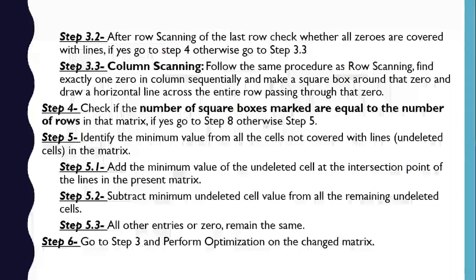In step 5.2, we take that minimum value and subtract it from all the remaining undeleted cells. In step 5.3, we make sure that we do not make any changes to the value 0 and keep it the same. After this, we go to step 6, which is that we have to do the whole procedure again from step 3 onwards, which first deals with optimization of the graph and then checking for the square boxes and the number of rows.